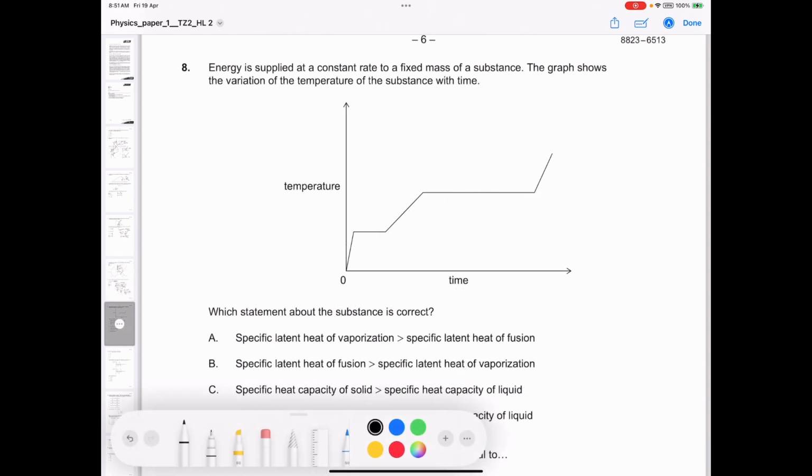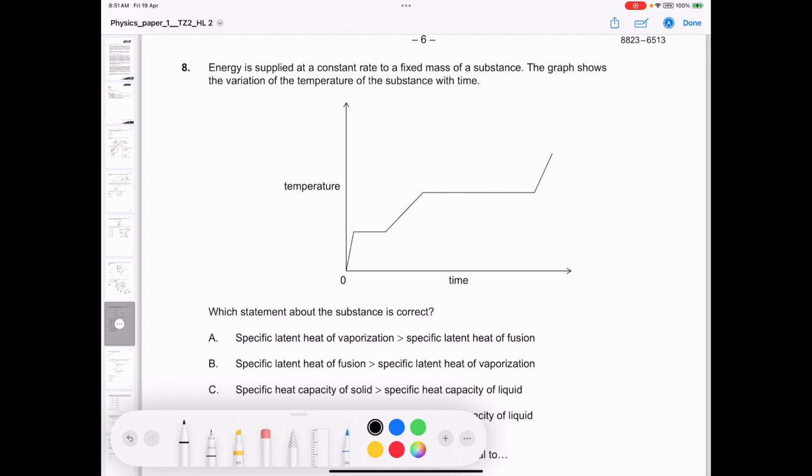Number 8. Energy is supplied at a constant rate to a fixed mass of a substance. The graph shows the variation in the temperature of the substance with time. So we have to choose which option is correct. This is one of these questions that you just have to know about. There's no calculation in it.